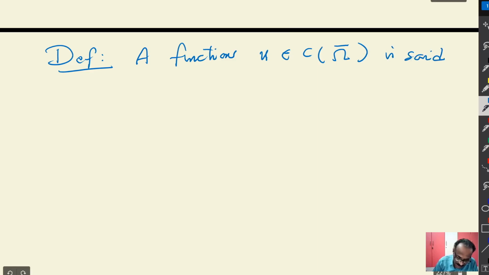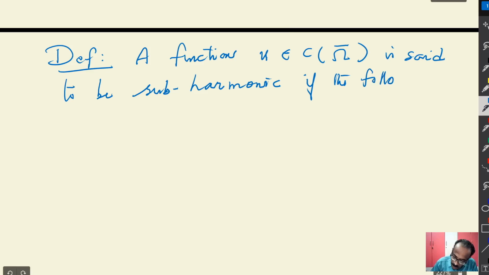The new definition is the same as the earlier definition if there is smoothness. It is said to be subharmonic if the following condition holds.